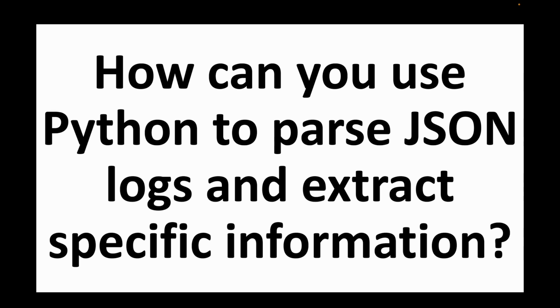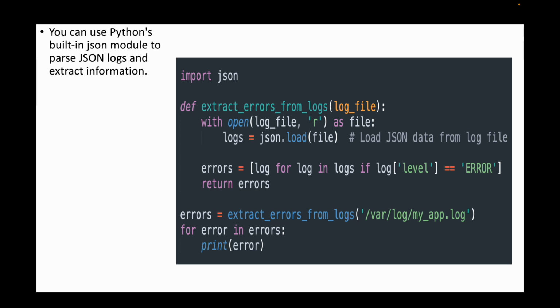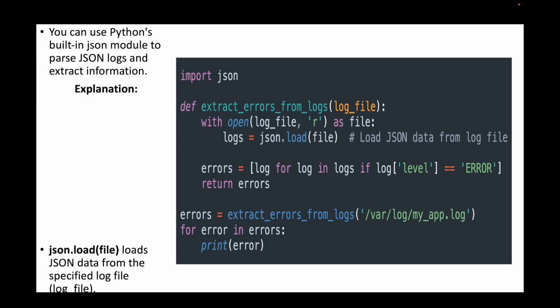The next question we have is how can you use Python to parse JSON logs and extract specific information? So for this, we can make use of Python's built-in module, which is the json module, which will allow us to parse the JSON logs and also extract information from the JSON log. So here is an example script that we have.